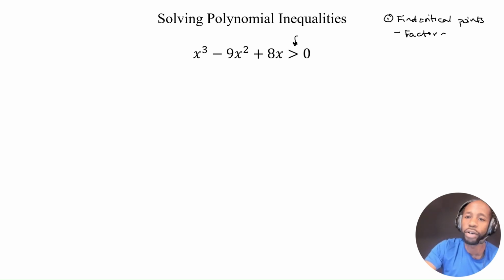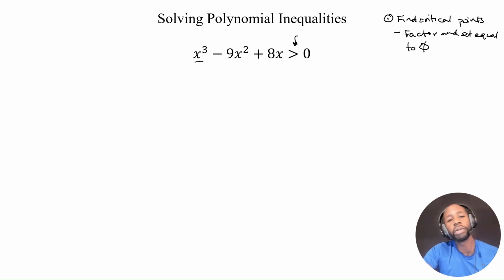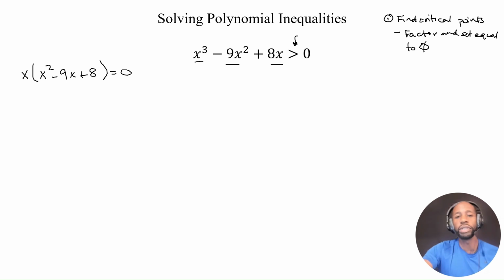Factor and set equal to 0. If you look at each of these terms, they all have an x in there, so you can factor out an x. So this becomes x times x squared minus 9x plus 8 equals 0. We're setting equal to 0 so we can find the zeros.